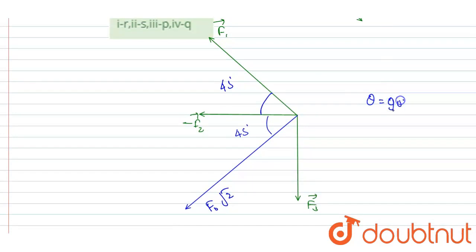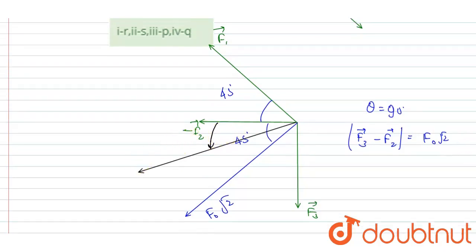So since theta is 90 degrees, this F3 minus F2 will have the same magnitude. Now if you get the resultant, it will be closer to this, since it has more magnitude, right? It will lie somewhere at this angle from the bisector.